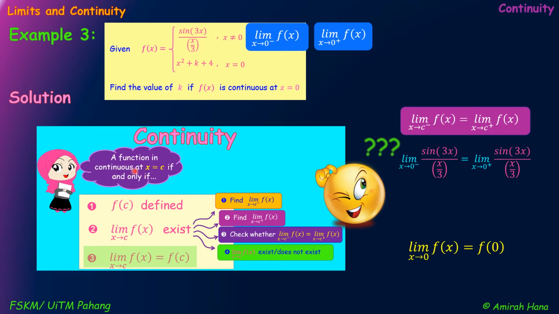But in this case, we just want to find the constant and it is already continuous. So there is no need to follow all these three steps. We just use this formula. In this case, it is suitable to use the third formula, because if we use the other formula, since we use the same function, we cannot solve. Got it?